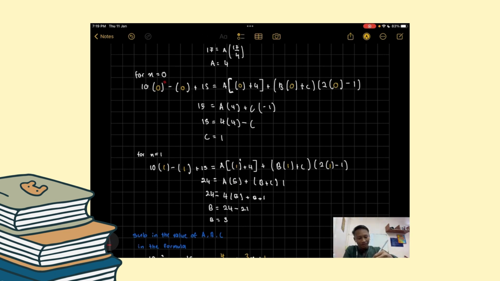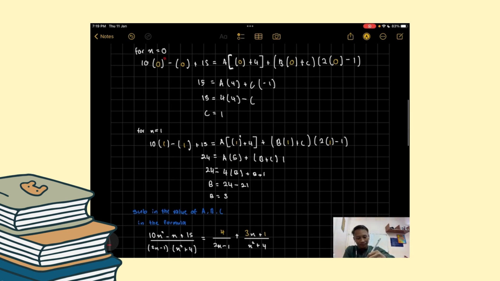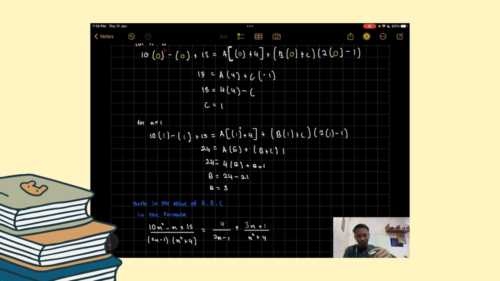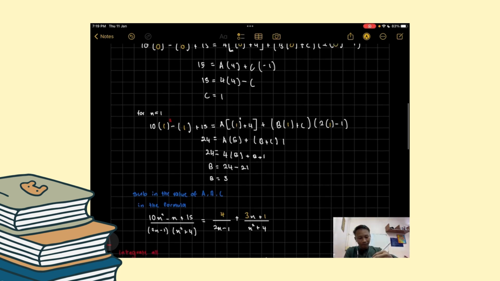The last one, we need to find the value of b. So I assume that x equal to 1. Same like usual, we put the value of 1 into x, and then we get the value of b equal to 3.